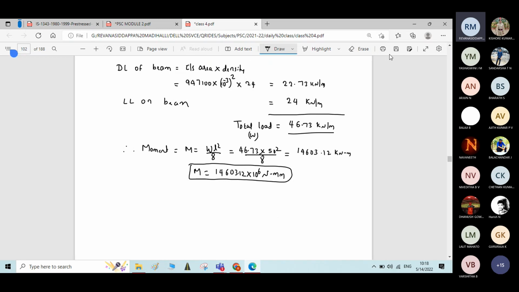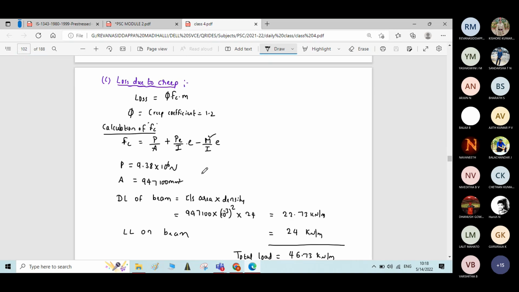Okay, now we have to calculate the value of FC. FC, as I said, is nothing but stress in the concrete at the level of steel.